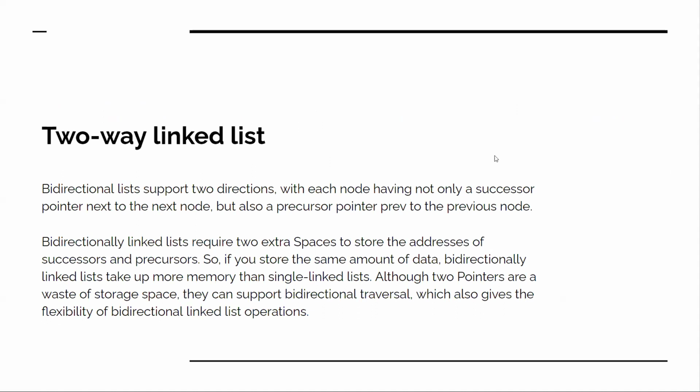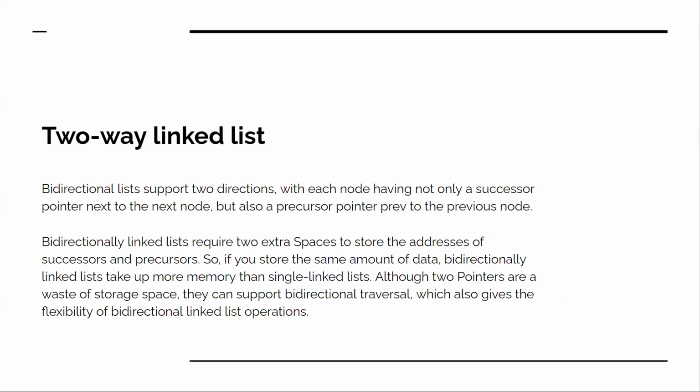Two-way linked list. Bidirectional lists support two directions, with each node having not only a successor pointer next to the next node, but also a predecessor pointer prev to the previous node. Bidirectionally linked lists require two extra spaces to store the addresses of successors and predecessors.